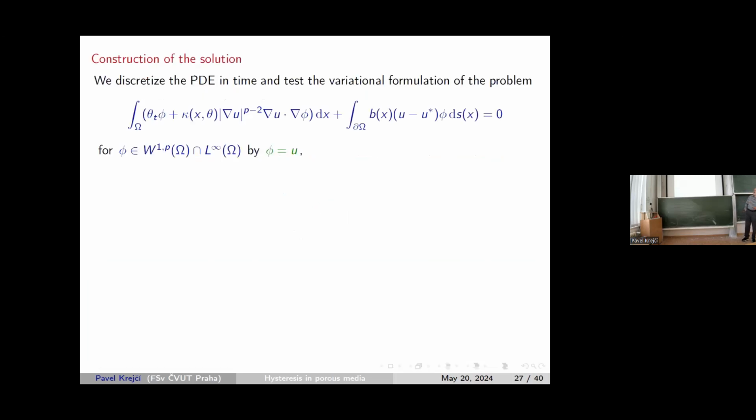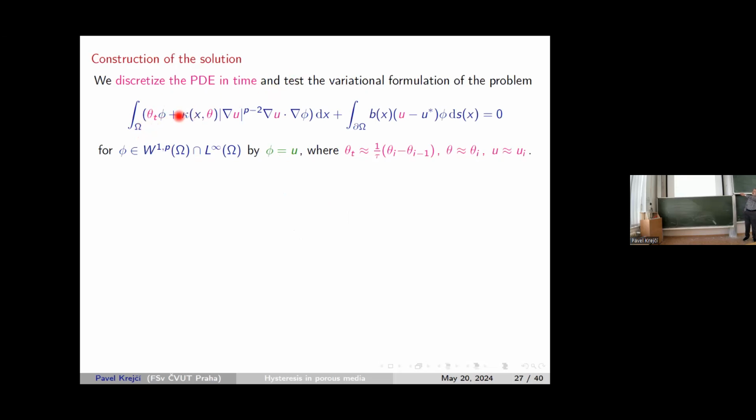Yeah, construction of the solution. So yes, we discretize the problem in time. But instead of the time differences, I write simply theta t, for example.